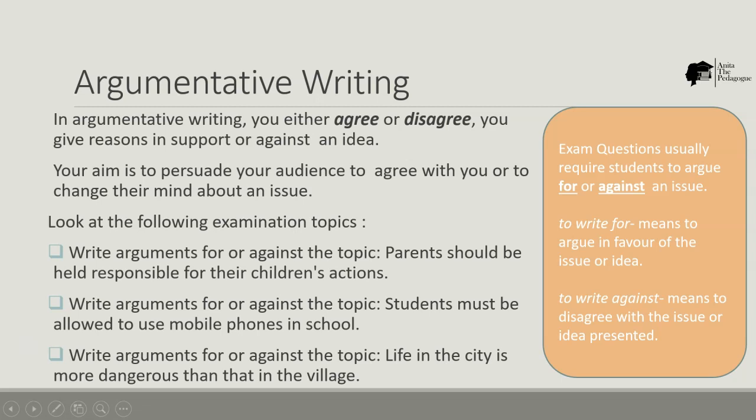You are in support that if any parent's child does something wrong, that parent should be held responsible. But if you write against this topic, you are in other words saying that parents should not be held responsible for their children's actions. And when you do this, you give reasons for it.